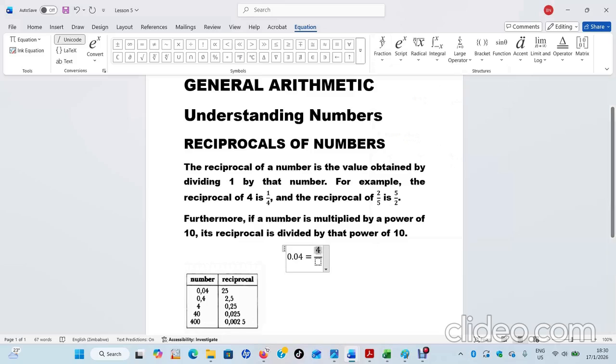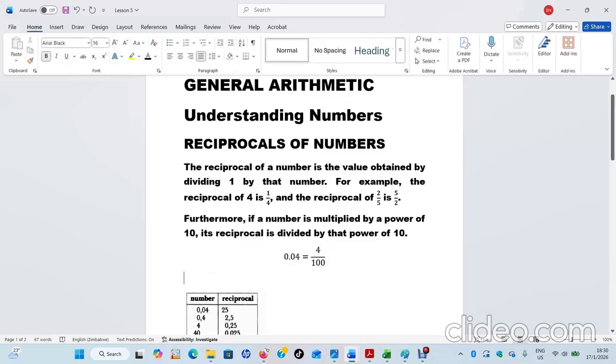Some of the things you must know from your junior high school, so I won't be explaining most of them. I'll just give you as it is. 0,04 is equal to 4 over 100. So what is the reciprocal of 0,04?